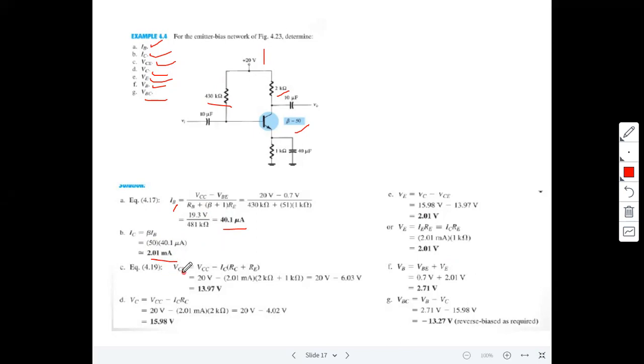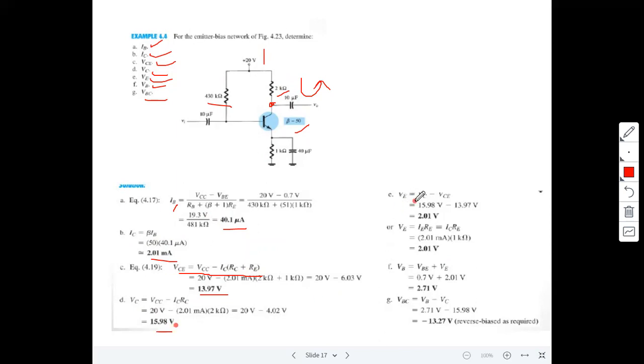Now VCE is equal to VCC minus IC into (RC plus RE), 13.97 volt. Now VC, just simply apply KVL to this loop, VCC minus ICRC, that is equal to 15.98 volt.